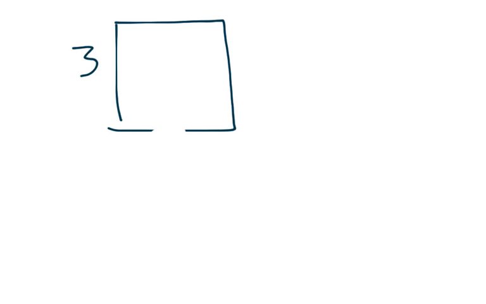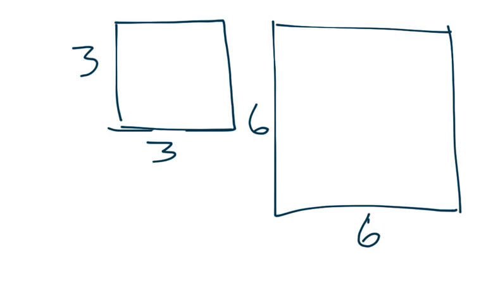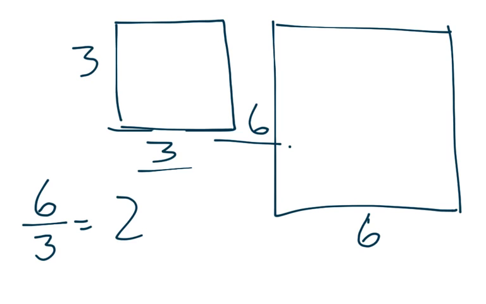Okay, so each side is 3 inches, and then he draws a second square that is 6 inches on each side. So that's where the 6 came in. To find out how much larger the side of the new square is than the side of the old square, we divide the side of the new square by the side of the old square, and that is 2. That means the side is 2 times bigger. But to figure out how much bigger the area is, we square that increase.